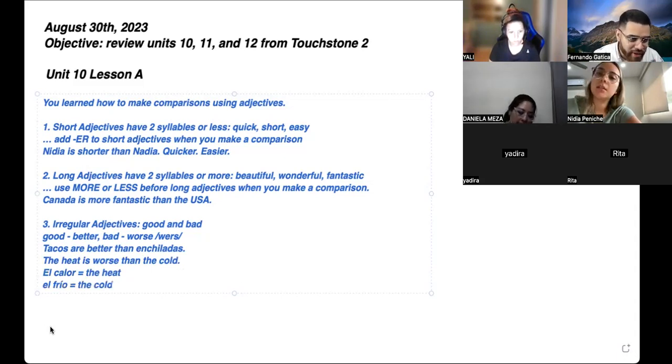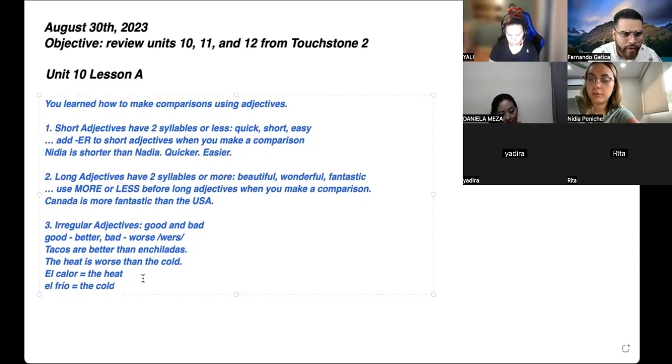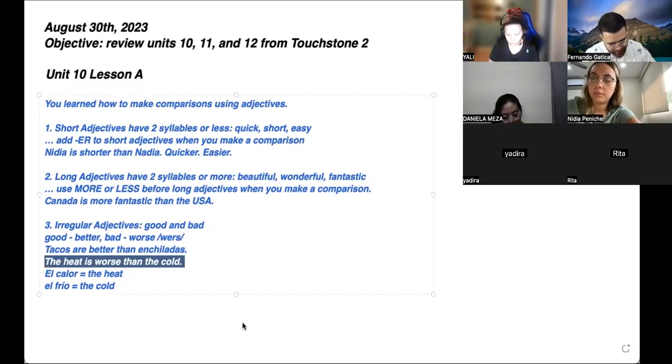In that case, you use the. Heat is worse than the cold, especially this year and last year and the year before last.